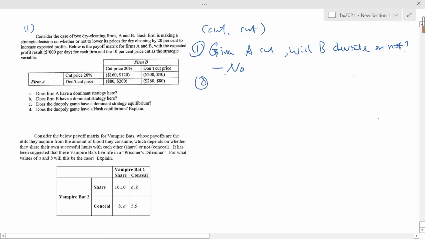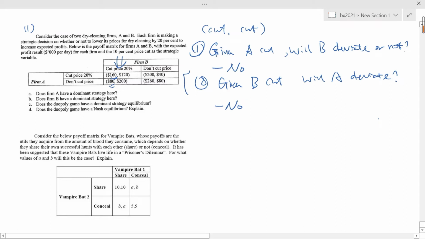Second question, given B cut, will A deviate? So given B cut, we are on these columns. So A needs to compare this payoff with this payoff. And clearly $160 is higher than $80. So the answer is no.